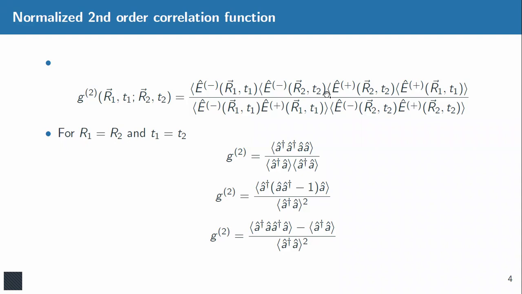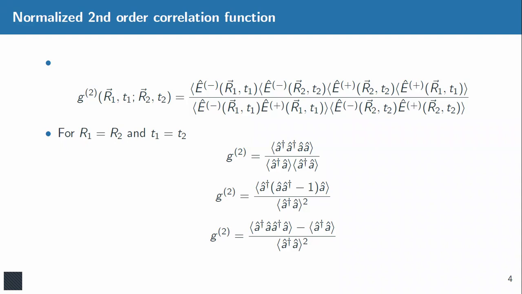Confining our problem to a simpler case, if we confine our detector to one position, at one point of space, and detect at a single moment of time, we could simplify our correlation function.